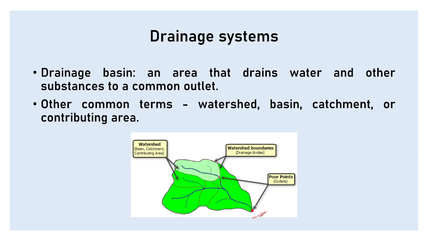Other common terms for the drainage basin include watershed, basin, as I said already, catchment, or contributing area. In future if we talk about watershed, we are more or less talking about the drainage basin. So it's better to keep in mind that these are also other names for drainage basin.